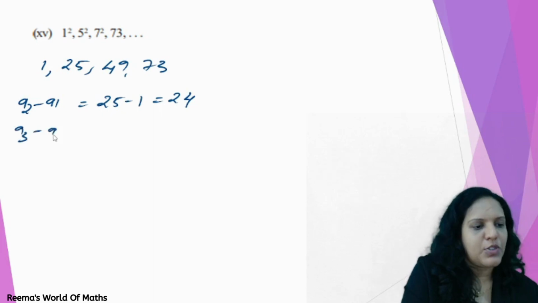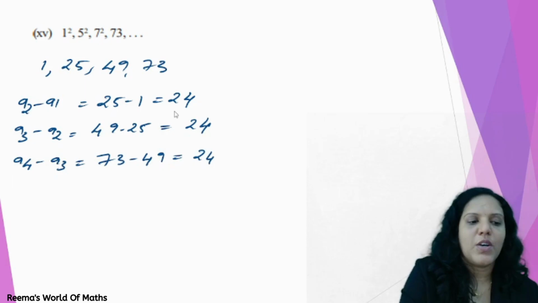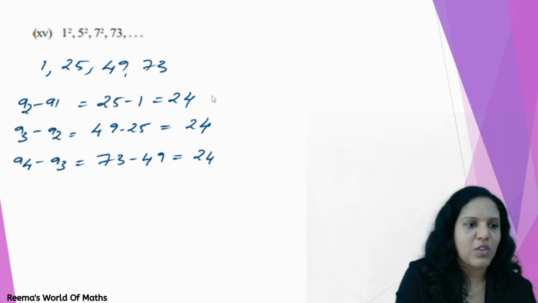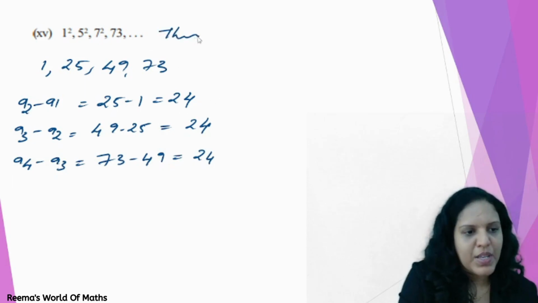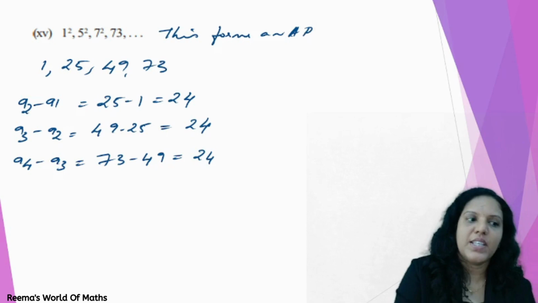A3 minus A2, which is 49 minus 25, is also 24. A4 minus A3, which is 73 minus 49, is also 24. So now here the difference is common, it is constant, so this forms an AP. We need to write the next three terms.